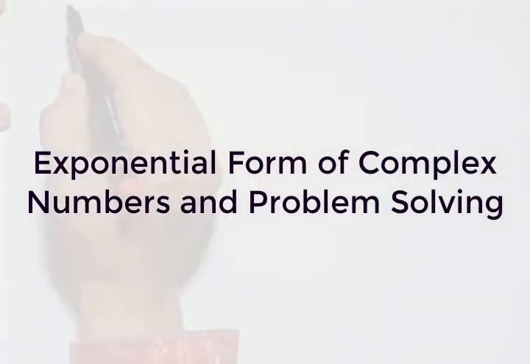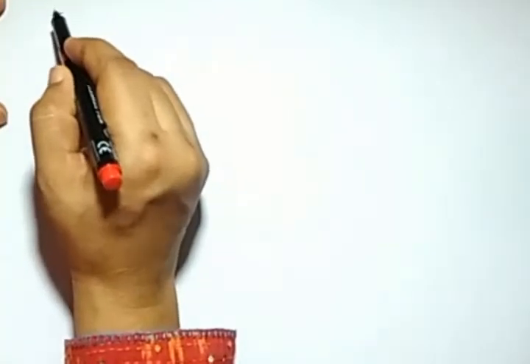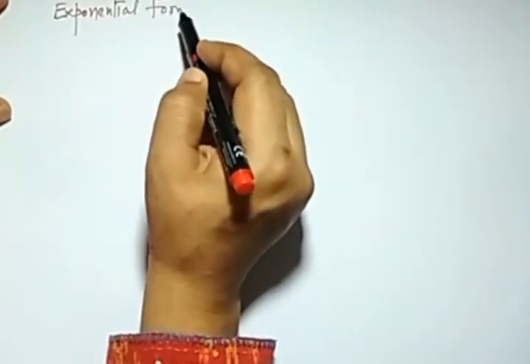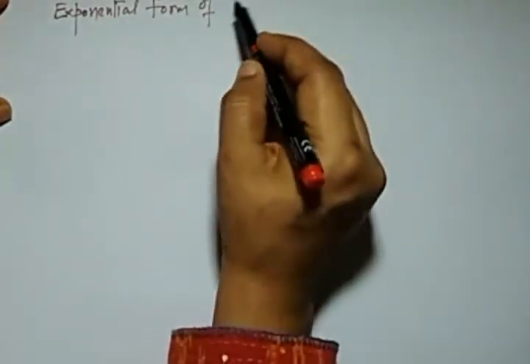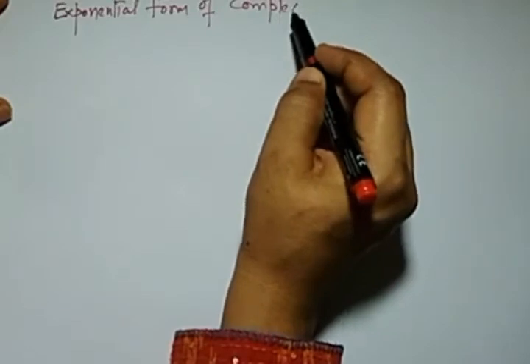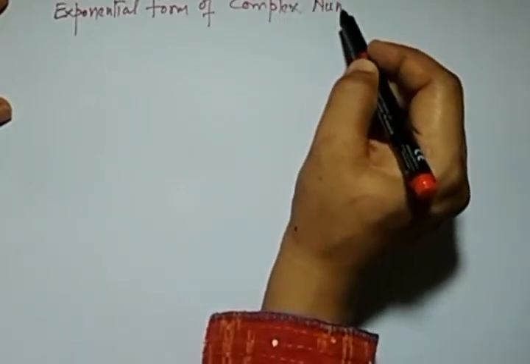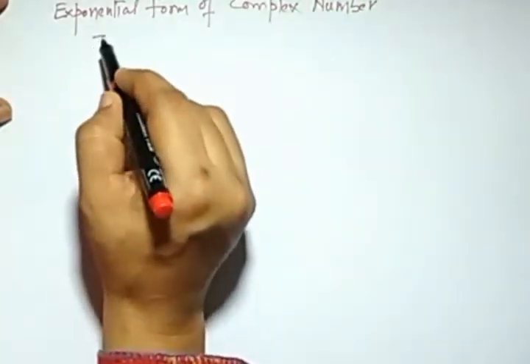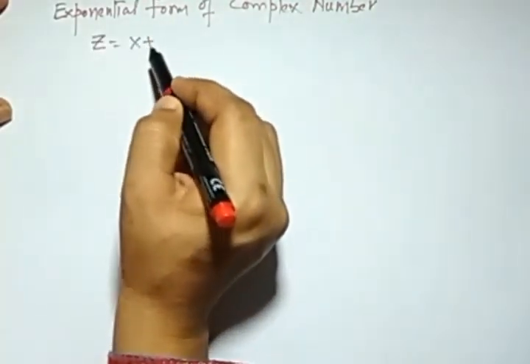Our today's topic of discussion is the exponential form of complex numbers. So far we have discussed that z is equal to x plus iy.